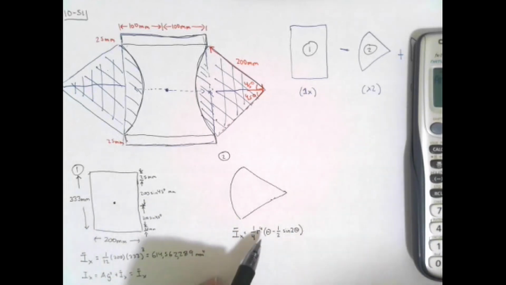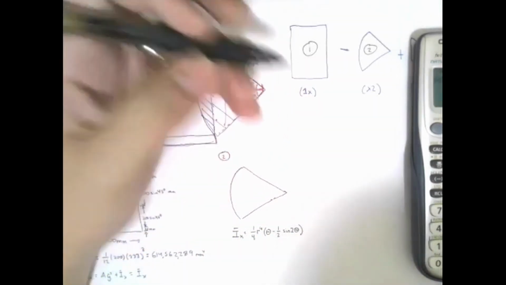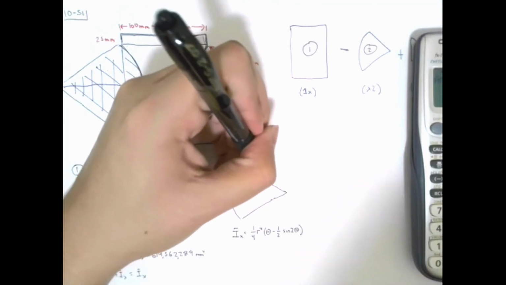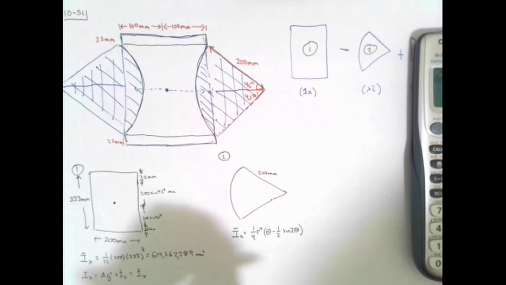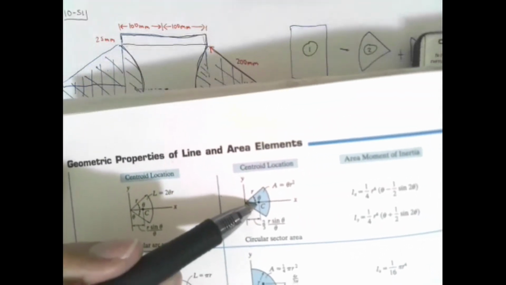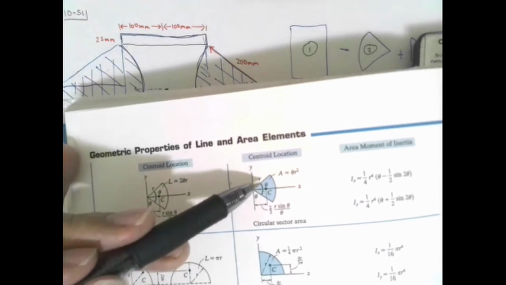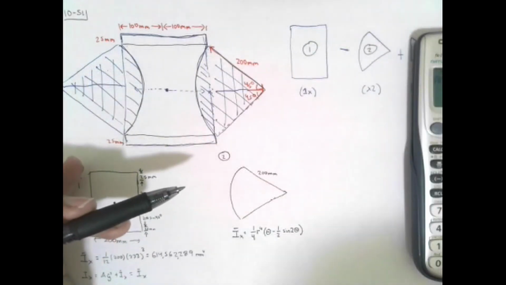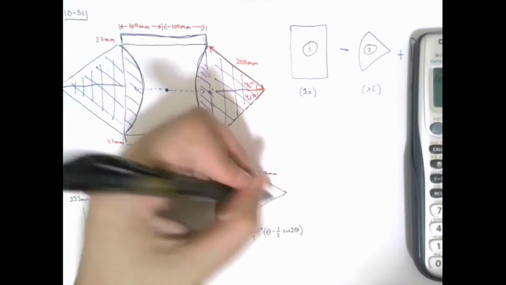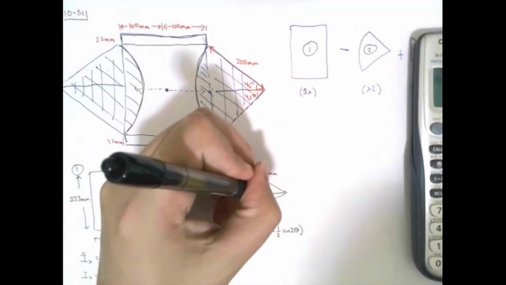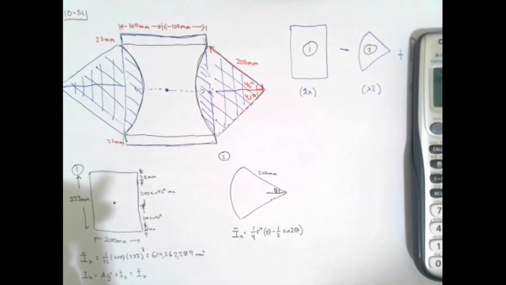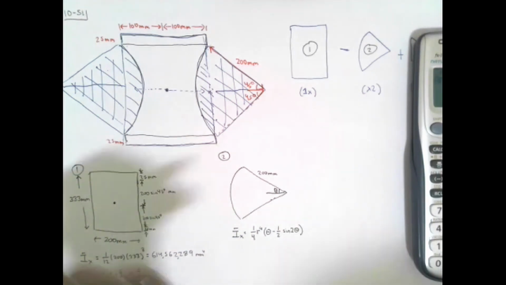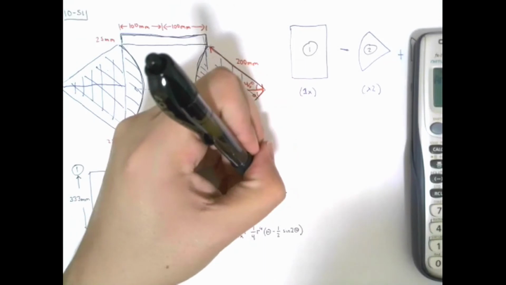So notice that I need the radius, and we know the radius is 200 millimeters. And here theta, we need to be a little bit careful. Theta represents the angle from the x-axis to that radius. So theta is not the entire angle of the wedge. Theta is actually half of that angle, which we already know to be 45 degrees.